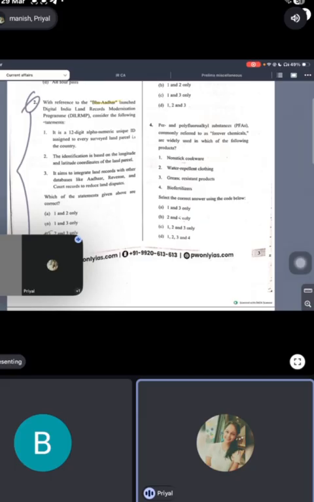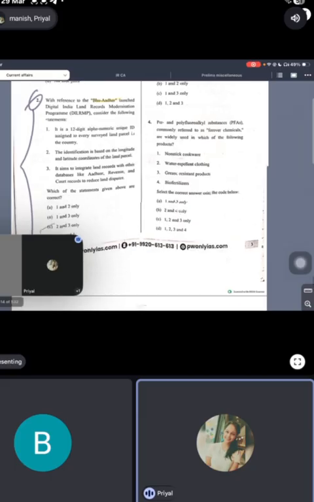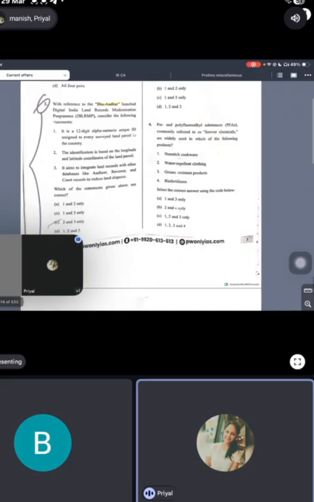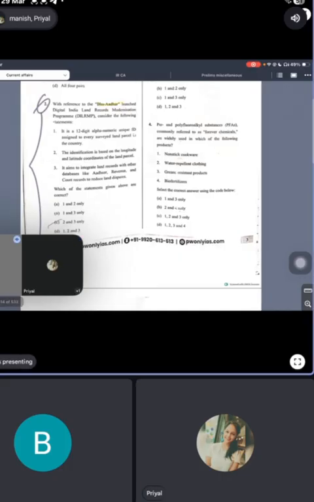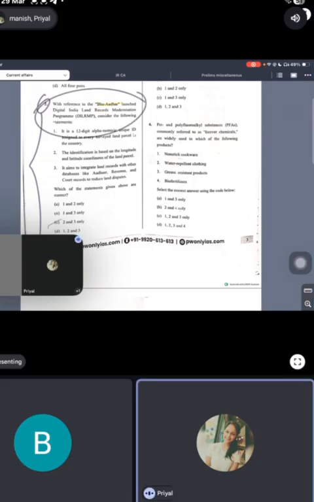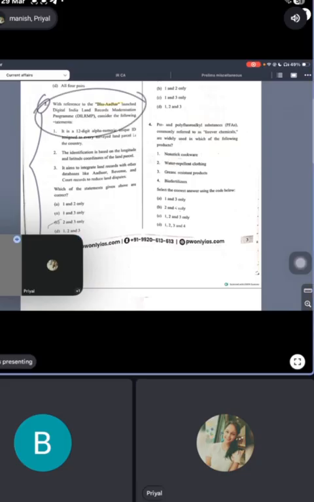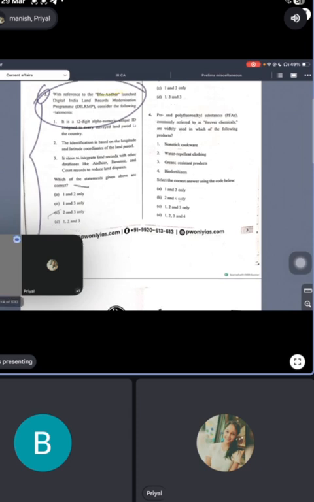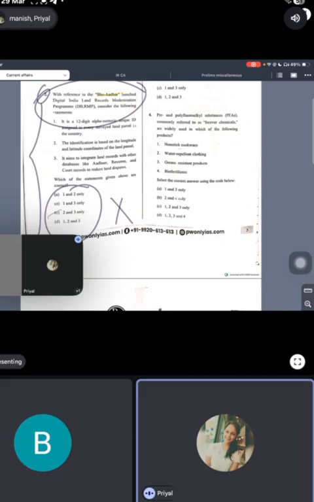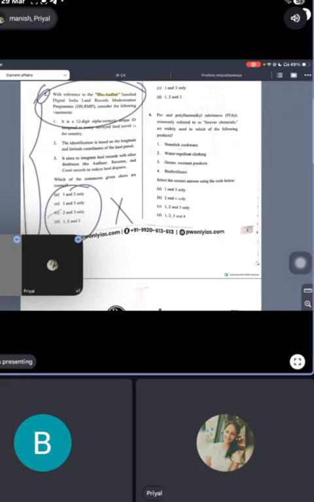It aims to integrate land records with other databases like Aadhaar, revenue, and court records to reduce land disputes. See, guys, first thing, if you don't know anything, never skip this type of question, because if you eliminate one statement, you will reach your answer.